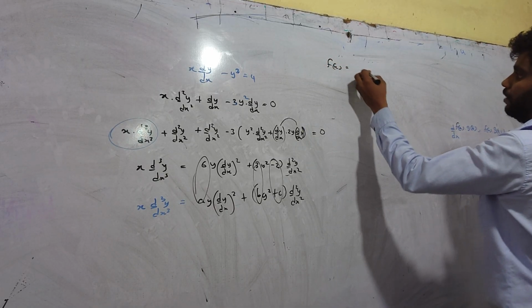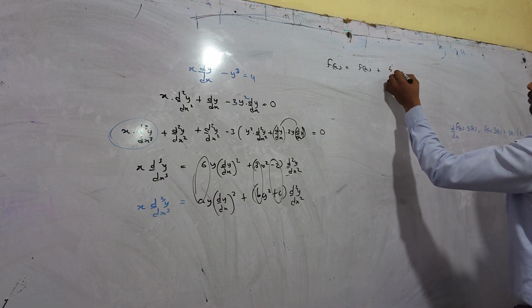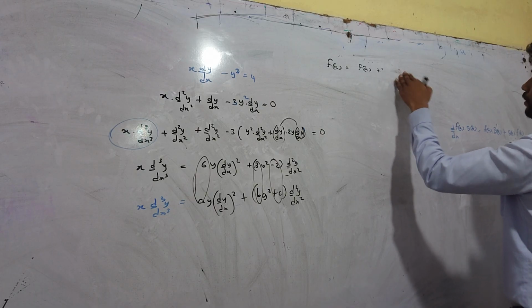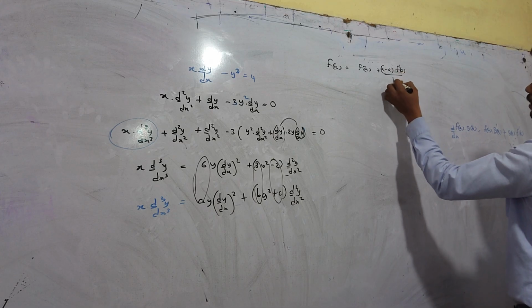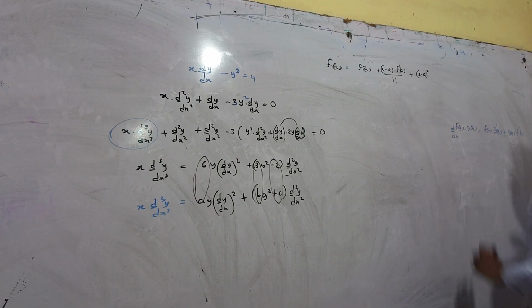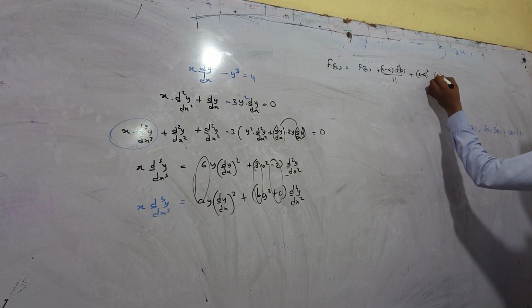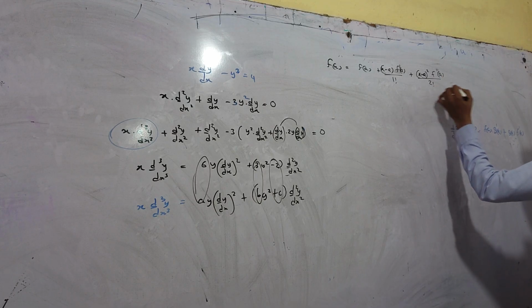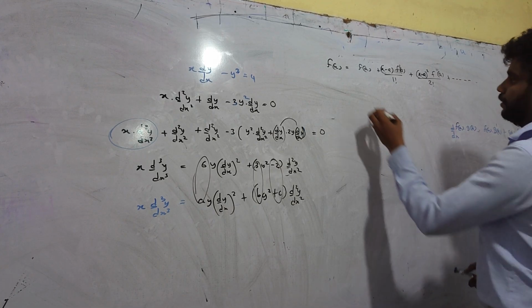f of x equals f of a plus x minus a into f prime of a over factorial 1 plus x minus a squared into f double prime of a over factorial 2 plus it goes up to infinity.